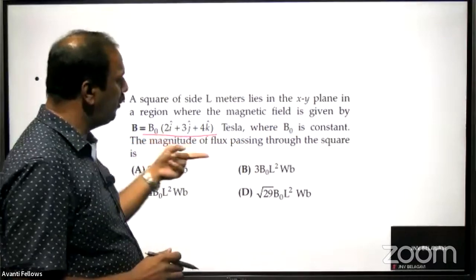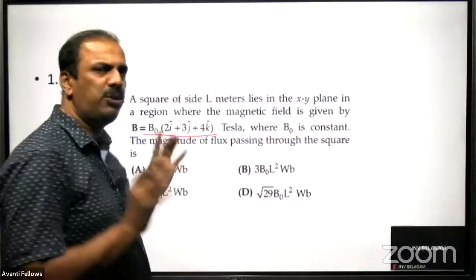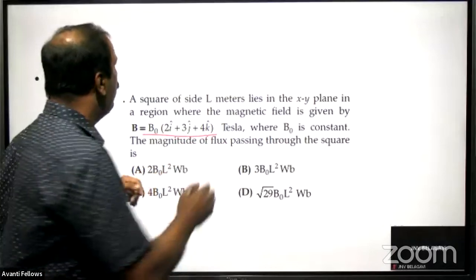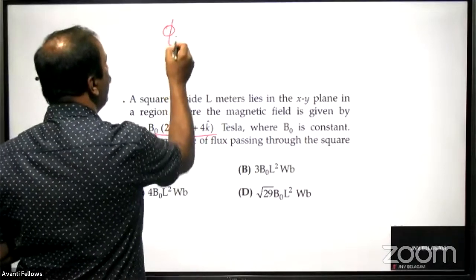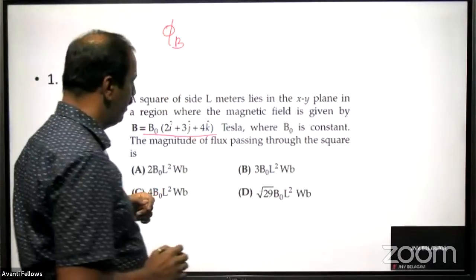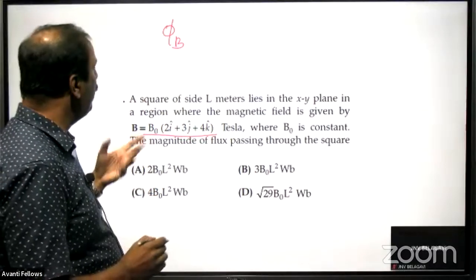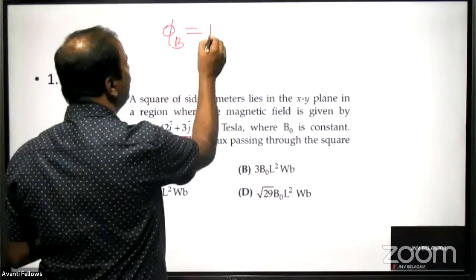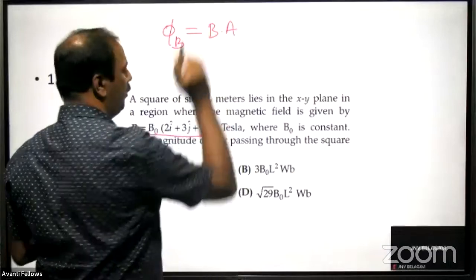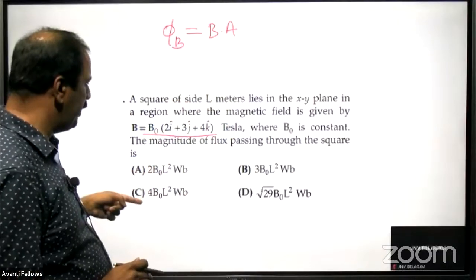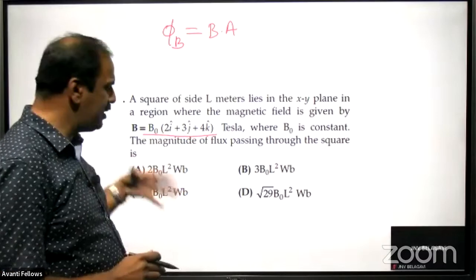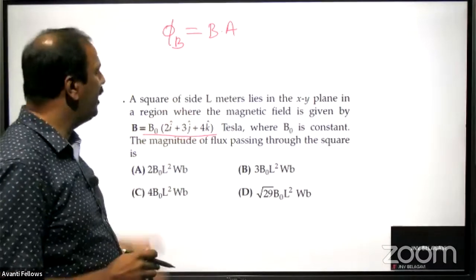The magnitude of the flux passing through the square is, you just have to calculate the flux. So what we have to calculate is phi B, the magnetic flux. Magnetic flux is B dot A, we know. Here 4 values are given, so we should take which is the actual answer. This is an MCQ type question.